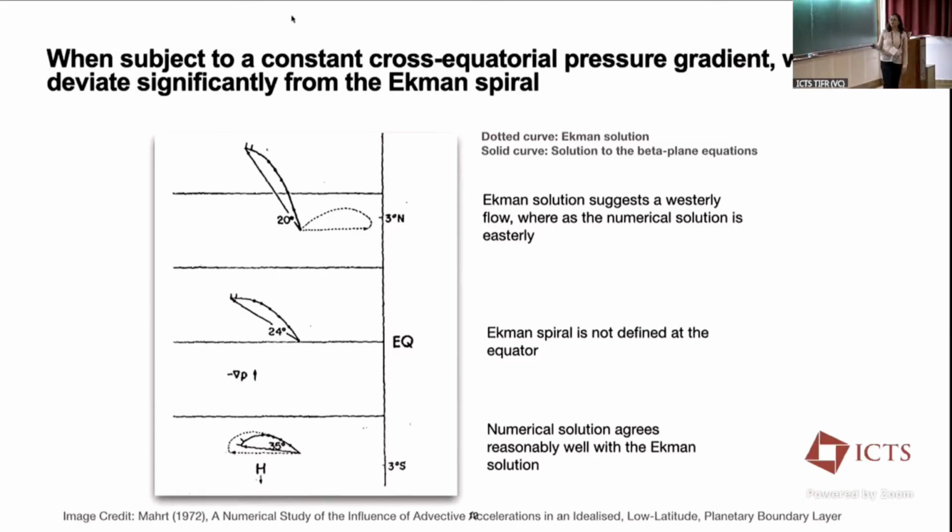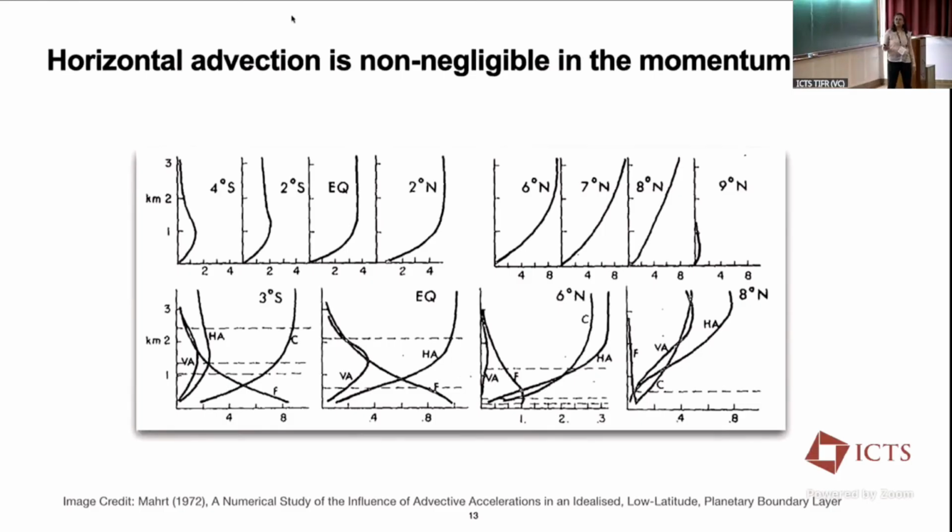Then they've plotted the evolution of meridional wind. The top row is meridional wind as a function of height at different latitudes. You have one at 4 degrees south where it looks more or less like an Ekman solution. As you move towards the equator, it deviates. Then at 9 degrees north, you go back to somewhat of an Ekman solution again.